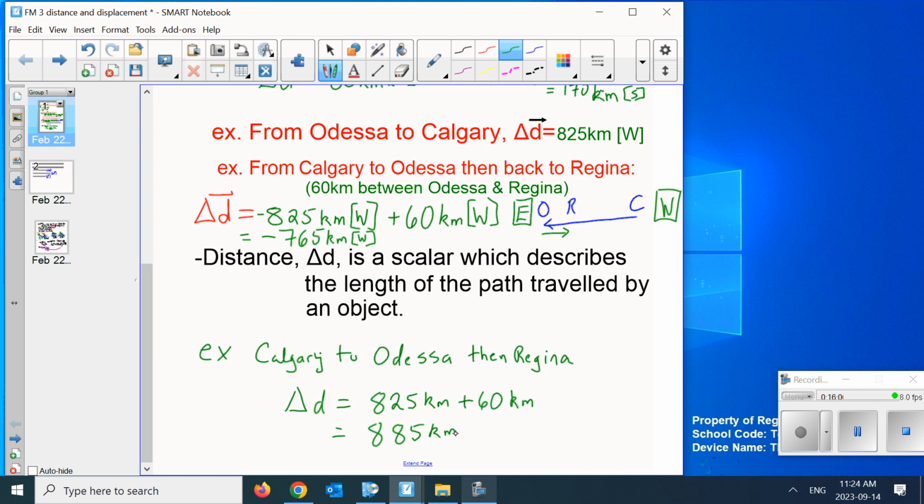For practical reasons, like how much gas you're going to use on this truck, 885 is really what you want to know. And for time reasons, how long will this trip take you? Well, we've got to drop everybody off at Odessa, then come back to Regina. You can figure that out. Well, it'll be around 9 hours. 885 kilometers. That's without pee stops.